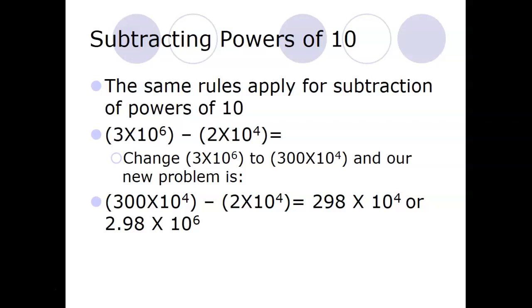Solves a few things. Make that very quick and easy to solve, wouldn't it? The other way I can write it is the way they've got, where you do 300 times 10 to the 4th minus 2 times 10 to the 4th. And still one more way to write it would be 30 times 10 to the 5th minus 0.2 times 10 to the 5th.